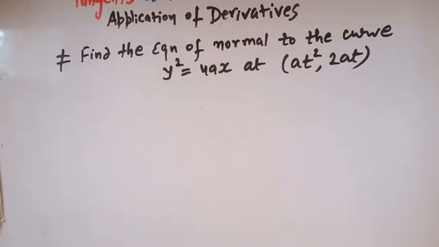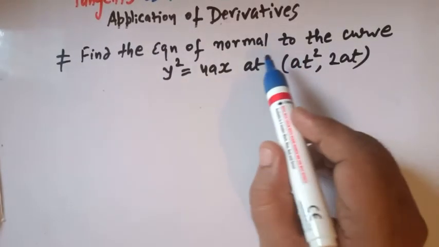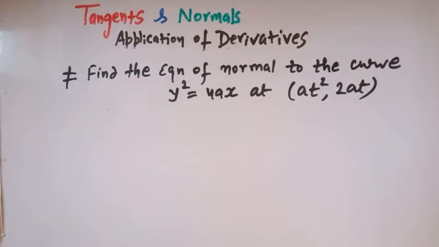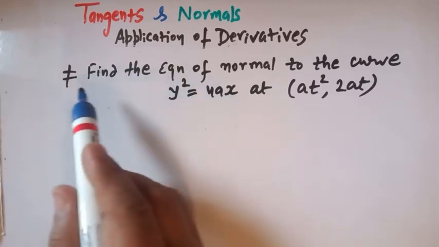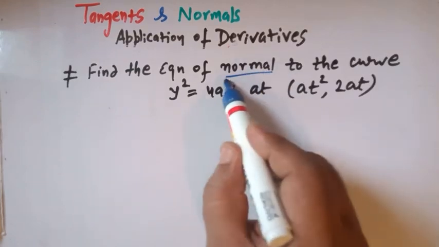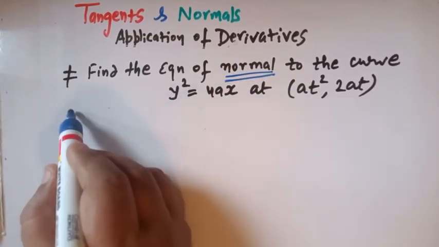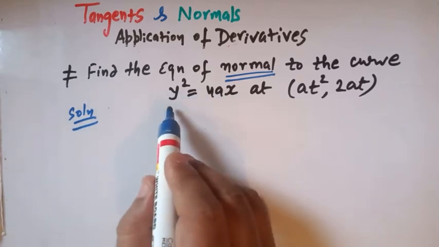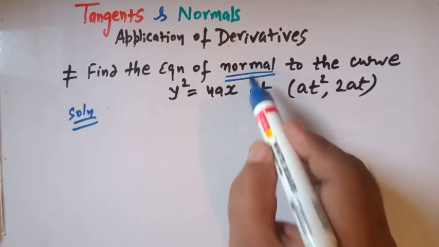Now we have the problem, find the equation of normal to the curve y² = 4ax at (at², 2at). So here we have to find the equation of normal. So what we will do, we'll differentiate this equation to get the slope of this normal.